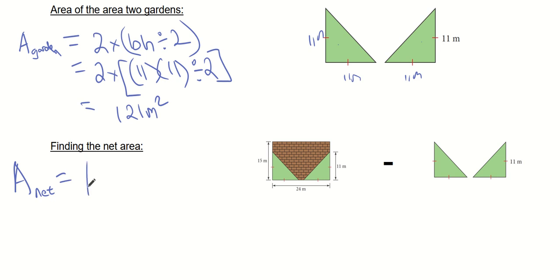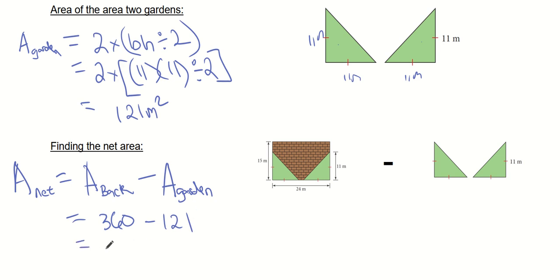So basically, the area of the backyard, I think I named it back, minus the area of the garden, which we know is 360 minus 121, and that's going to equal 239. 239 meters squared.